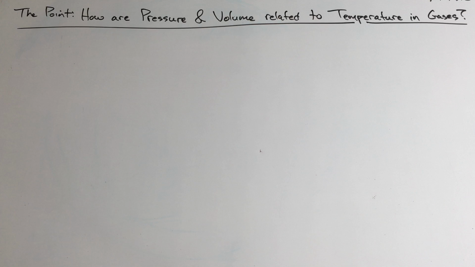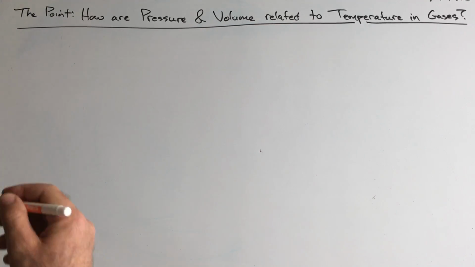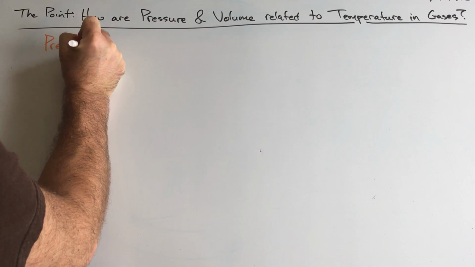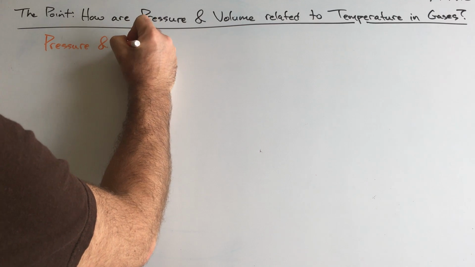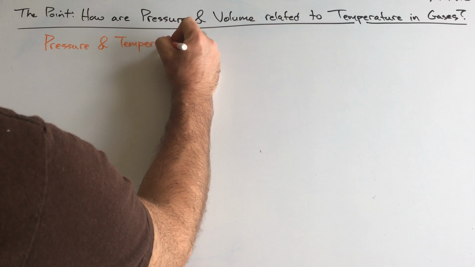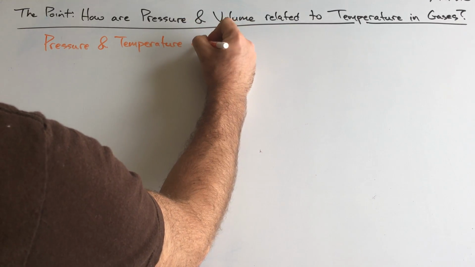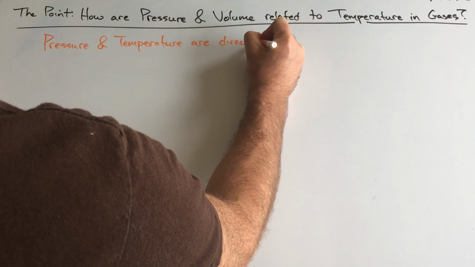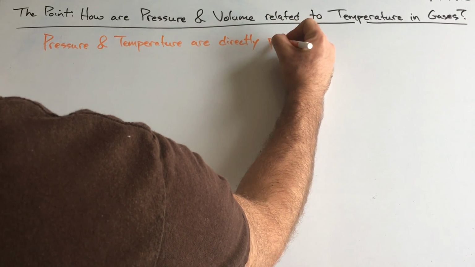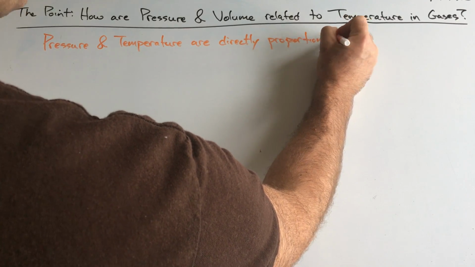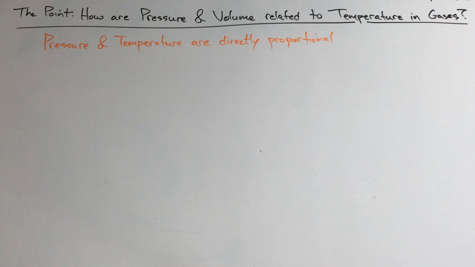And if I remember correctly, which I rarely do, it says pressure and temperature are, and I'm going to put in directly proportional, because I think hopefully by now that idea of directly proportional versus proportional makes sense.